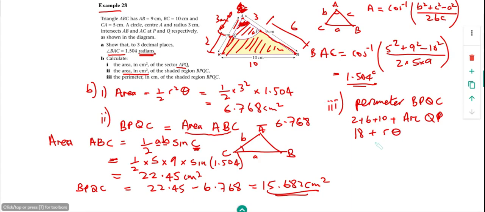And again, using the r that we were given, and the theta that we found earlier on in the question, the 1.504, we just put them in the calculator, and we should get 22.5. And this one's a length because it's a perimeter, so that's going to be in centimetres.